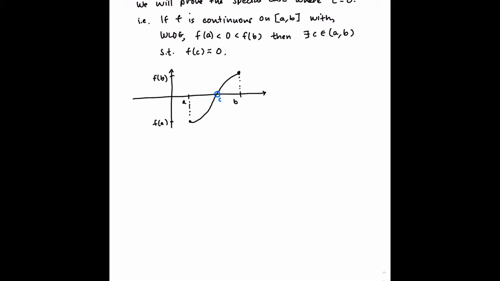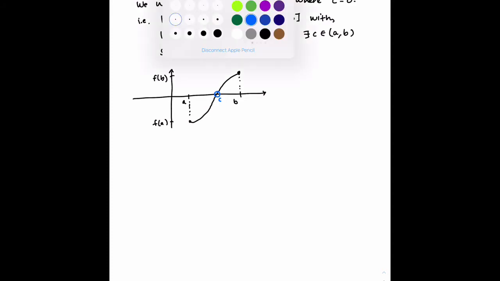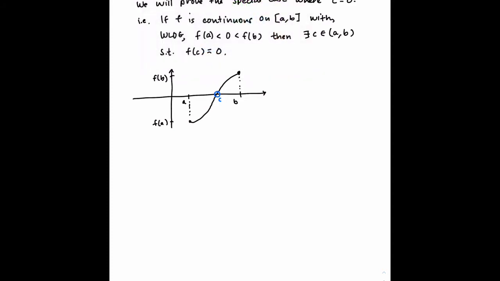So there are going to be some upfront things that I need to tell you that might be a little bit out of left field, but you'll see why they're important. We will ultimately use the set A equals {x in [a, b] such that f of x is less than 0}.